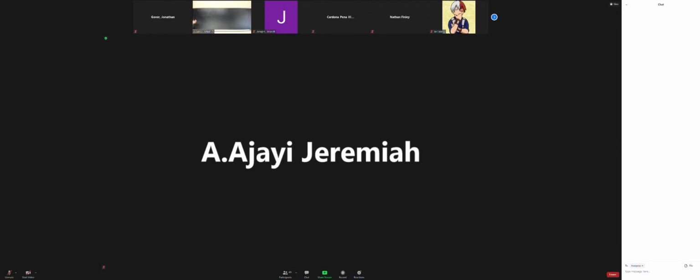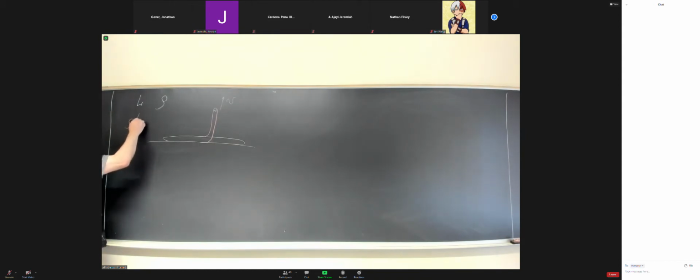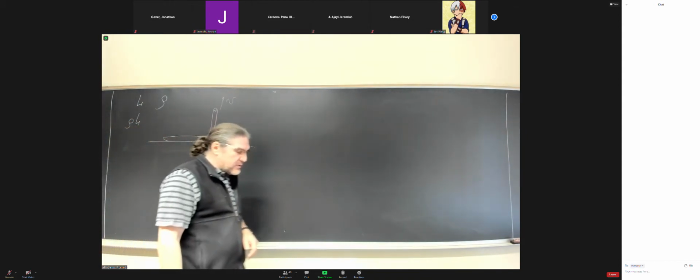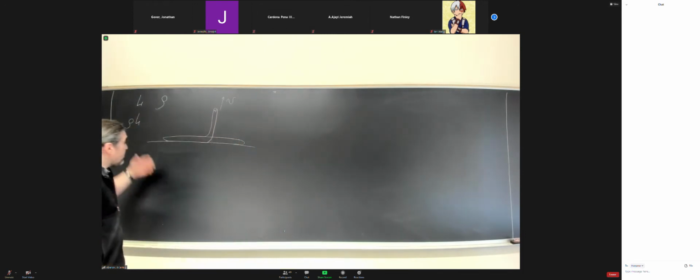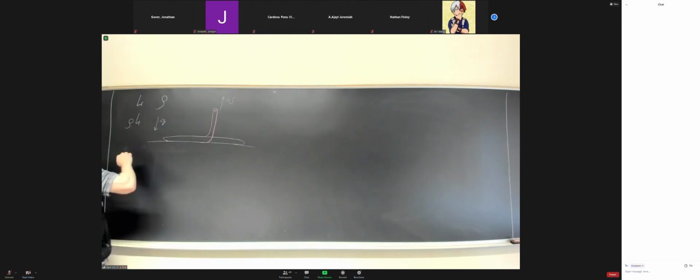So the total mass of the snake is density times length. And because everything happens on Earth with gravity, the weight of the snake is g times rho times L.